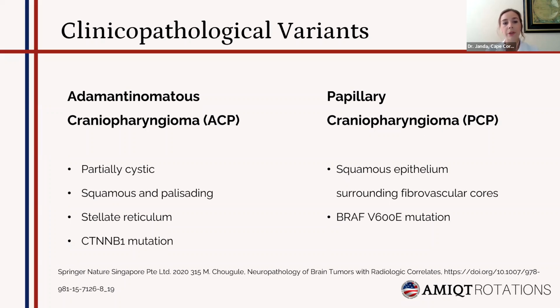So the two clinical pathological variants are the adamantinomatous craniopharyngioma and the papillary craniopharyngioma, the ACP and the PCP. The ACP is solid and partially cystic and has a distinctive squamous and palisading epithelium combined with a looser stellate reticulum.